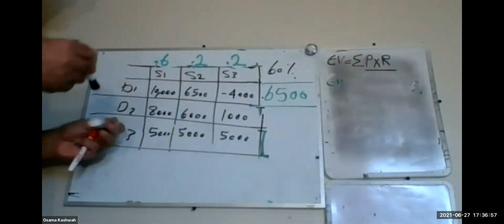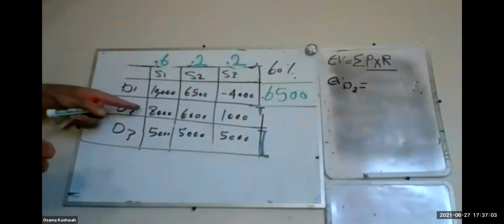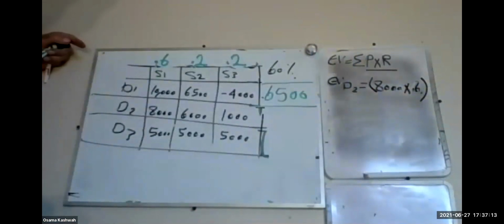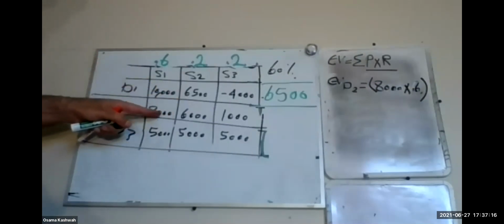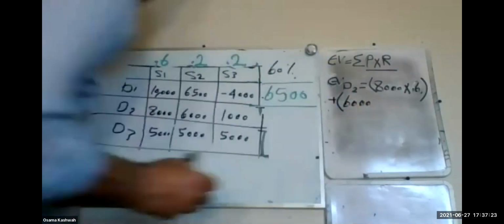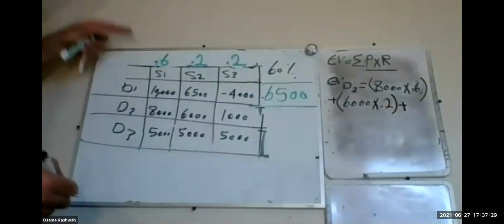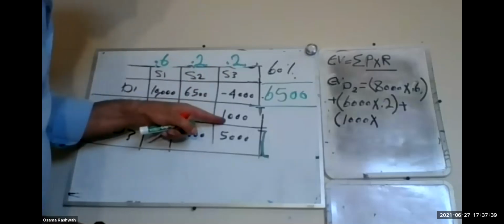Here, the expected value for D2 will equal $8,000 times 0.6 plus $6,000 times 0.2 plus $1,000 times 0.2 as well.